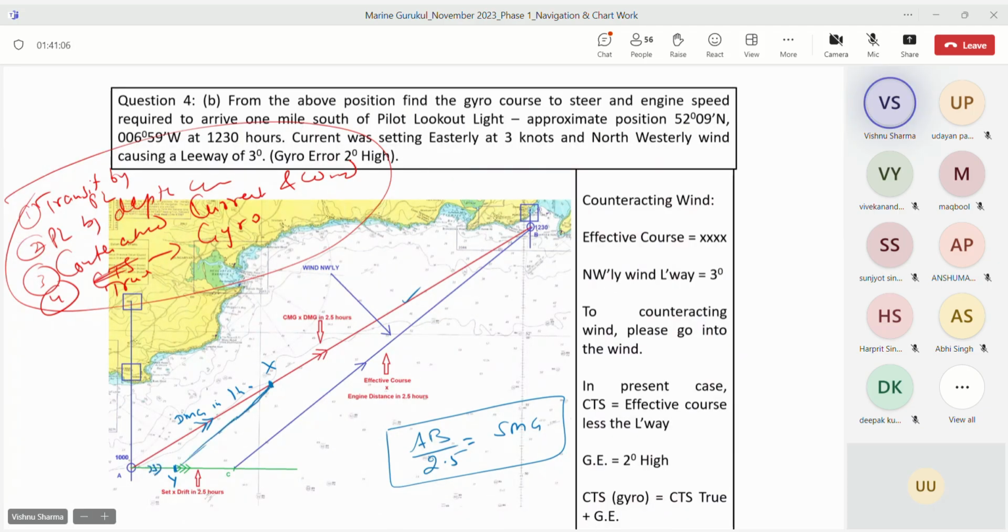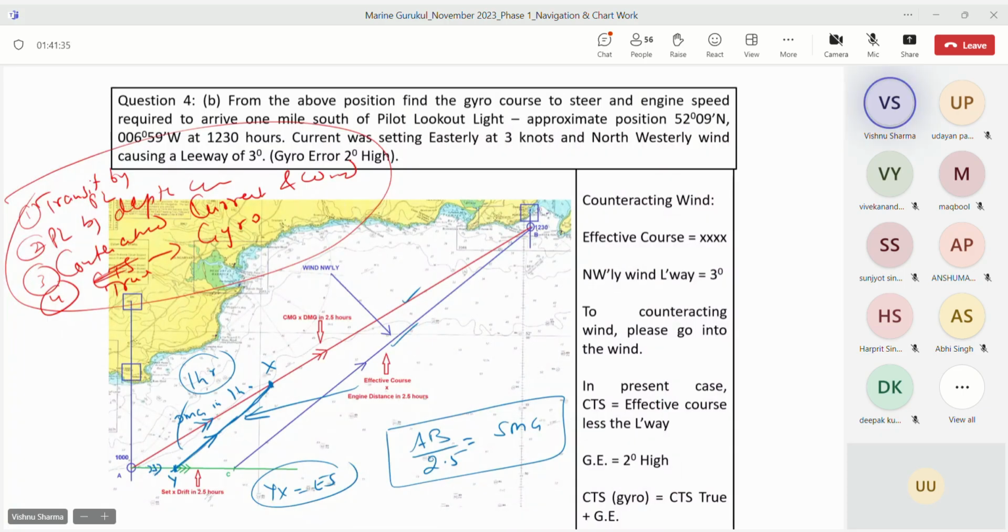You see XY is parallel to the effective course. This effective course and XY, they are parallel to each other. Can you see the plot, beta? Yes, sir. And Y to X distance will be equal to engine speed directly because now the triangle is for 1 hour. Yes or no?